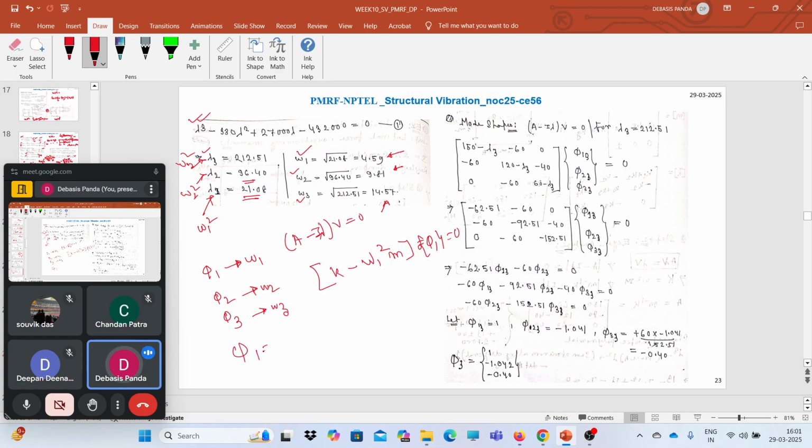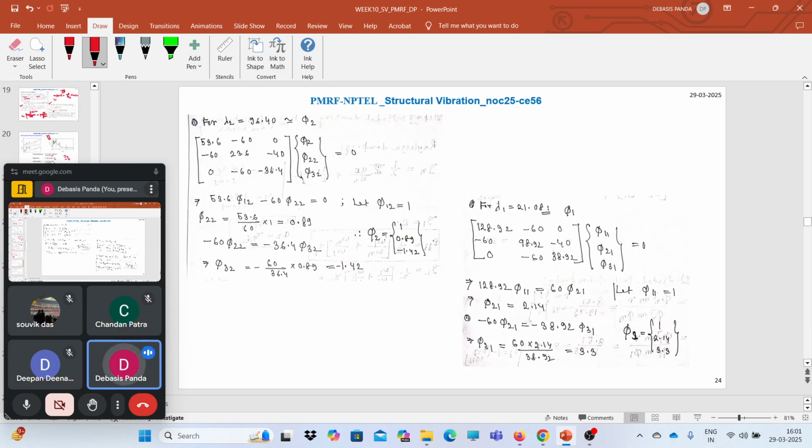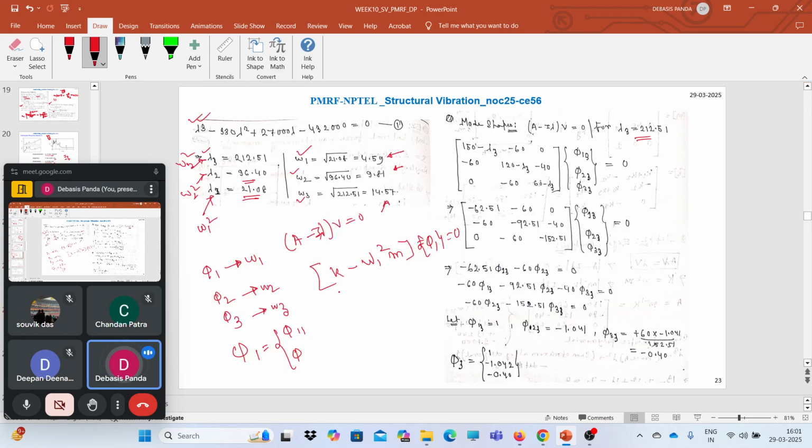And for the three modes we have phi 1 1, phi 2 1, phi 3 1. Okay, for the first mode I have calculated for the third mode, so it's okay, no issue. You can do it for the first mode also, phi 1 1, phi 2 1, phi 3 1.